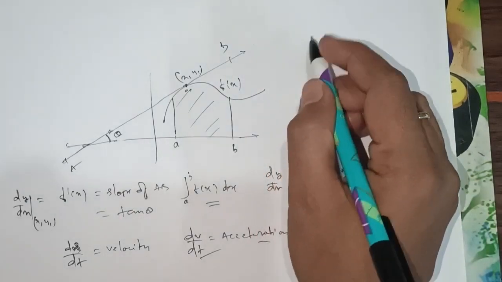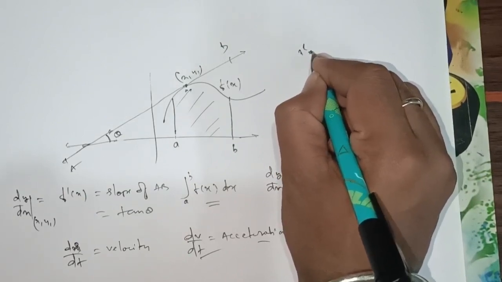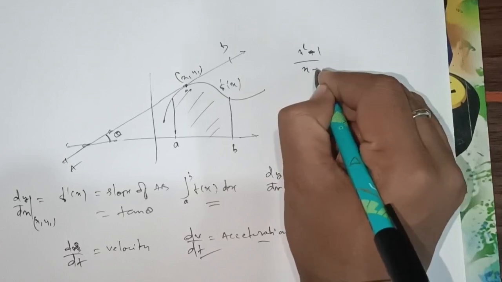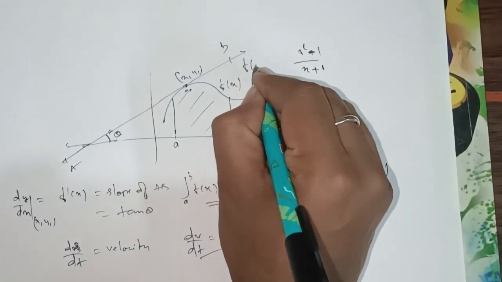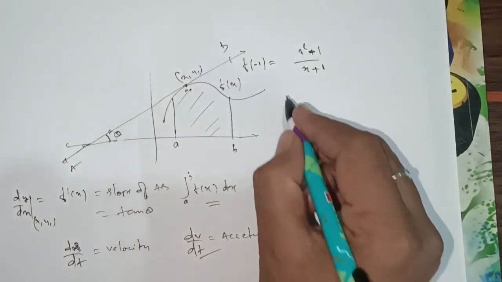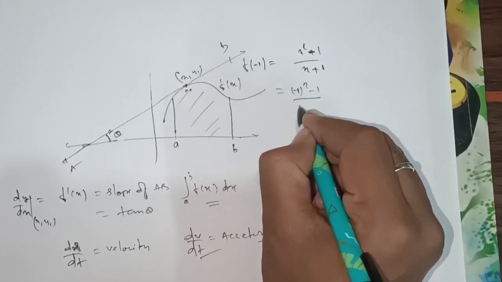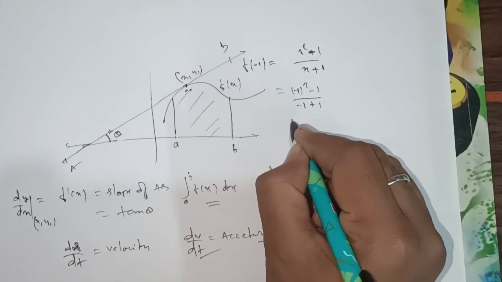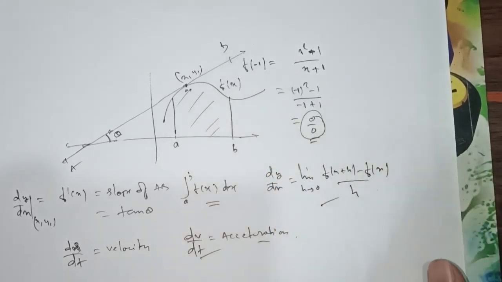Like if I give the function (x squared minus 1) by (x plus 1), and ask you to find f(-1), you put the value here: (-1) squared minus 1 by -1 plus 1, and you get 0 by 0. See, we are getting something fishy, that is 0 by 0.